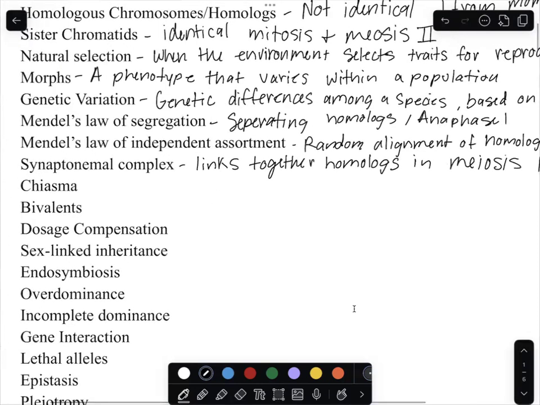Okay, the chiasma is a structure formed when chromatids cross over.